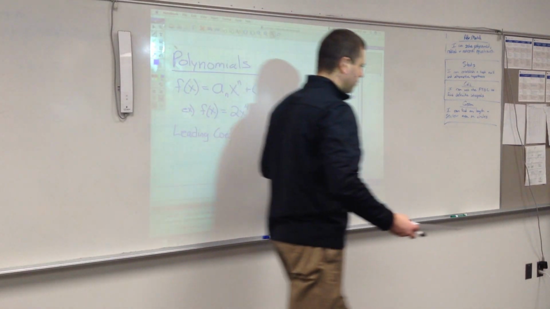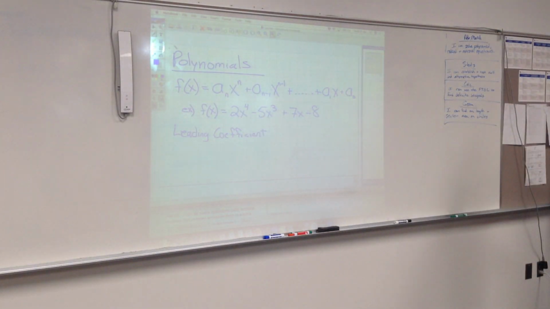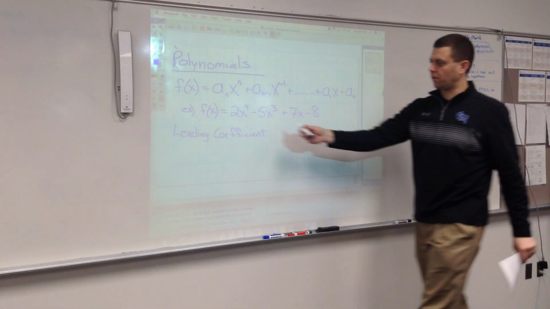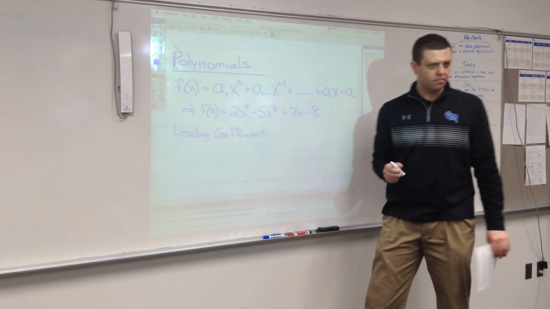What are coefficients? Numbers in front of the variables, right? So logically, in my example, what would you guess is our leading coefficient? Two. Okay, the leading coefficient would be 2.